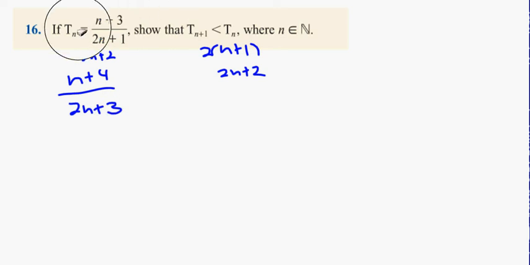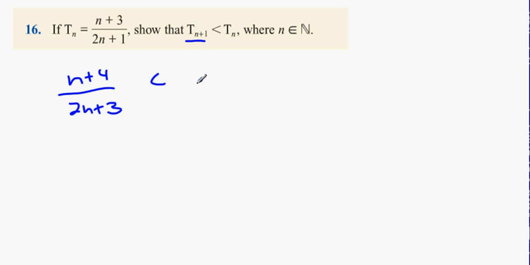Now, what we can see here is that we want to show that Tn plus 1 is smaller than Tn. Okay, so Tn being, oh sorry, n plus 3 over 2n plus 1. Now once again, all of these denominators are positive because n has to be bigger than 0.